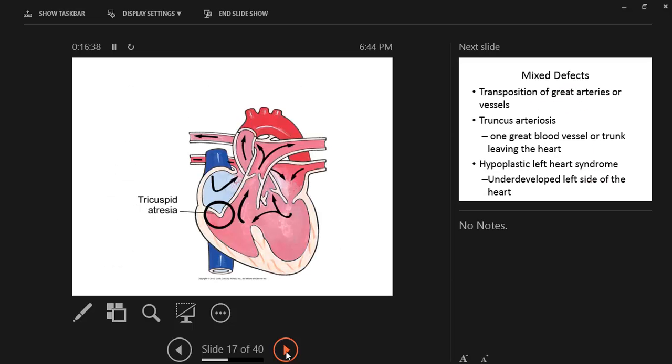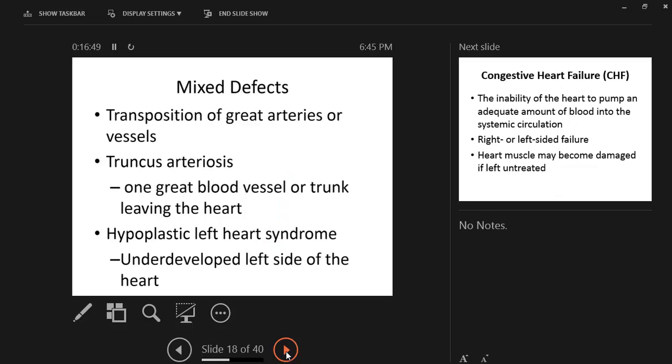Here's a tricuspid atresia, with a hole in the septum between the right and left ventricles with cyanosis. And then we have what are called mixed defects, which could be transposition of the great arteries or vessels, where the blood is actually mixing.